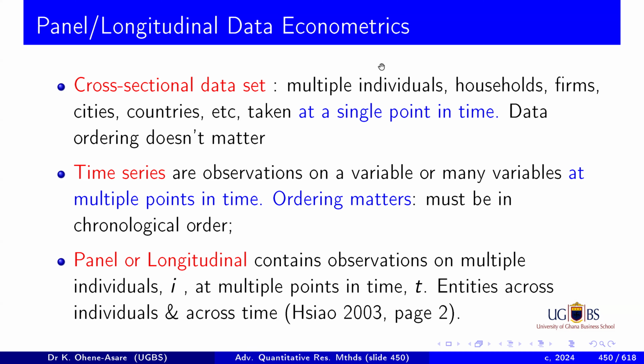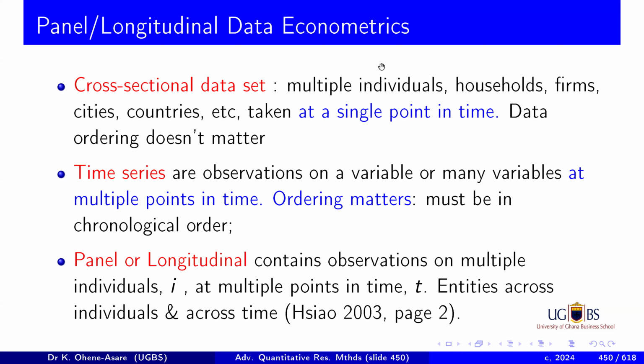So the individuals here is not really about individual human beings, but several kinds of entities. When you observe these entities at a point in time, where that point in time can be in a day.